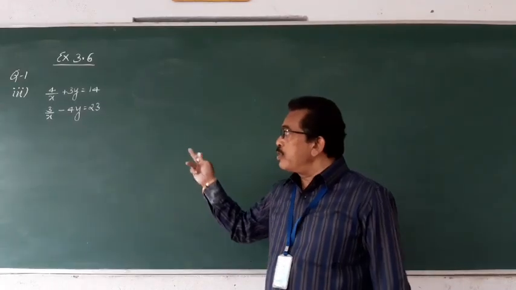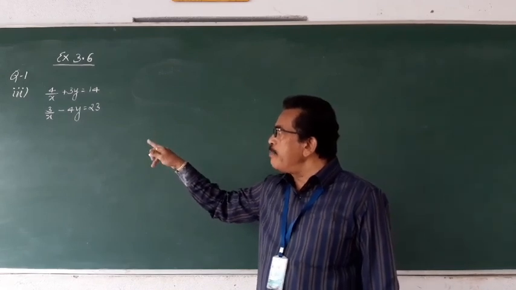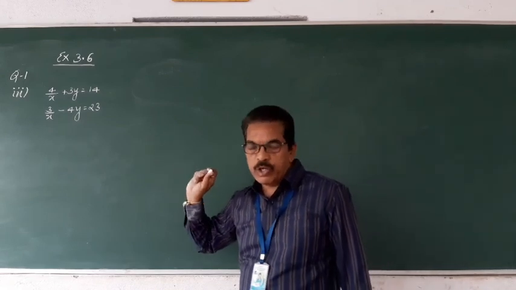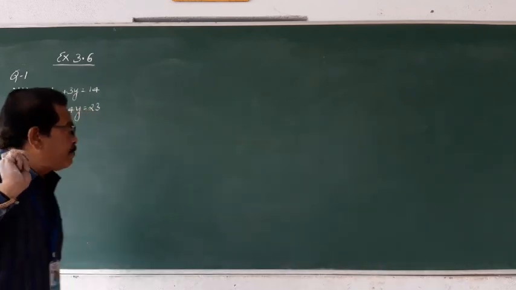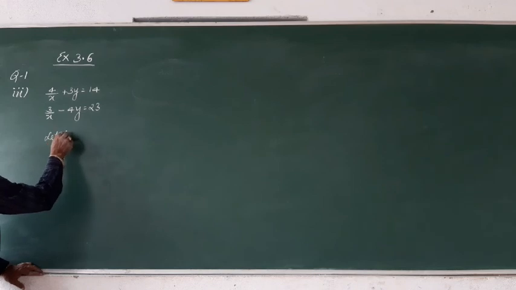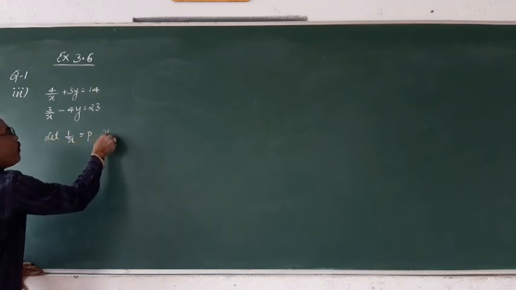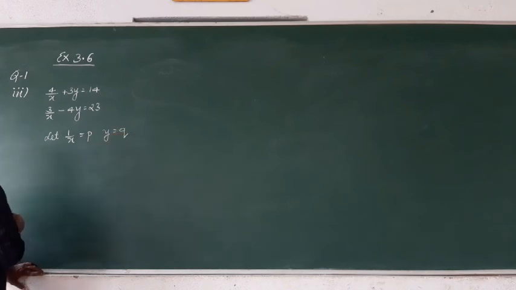See the third one, 4 by x plus 3y equals to 14, 3 by x minus 4y equals to 23. The same procedure. Let 1 by x equals to p, y equals to q.